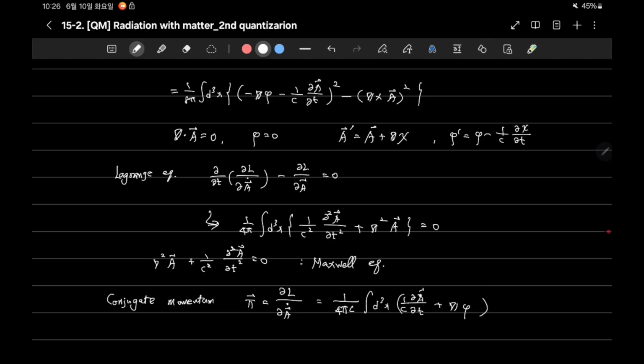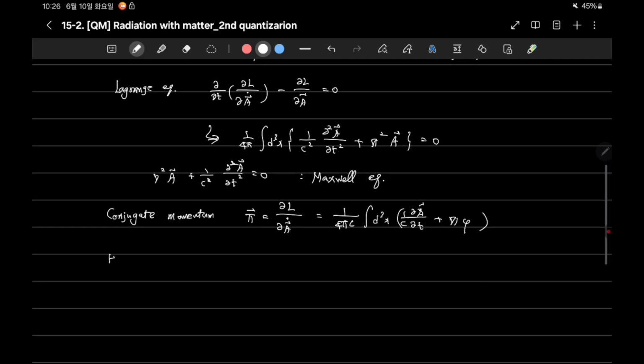So the Hamiltonian is a function of the conjugate momentum and A. I already said that the coordinate corresponds to the vector potential. From classical mechanics, momentum dot velocity minus Lagrangian is the definition of the Hamiltonian.